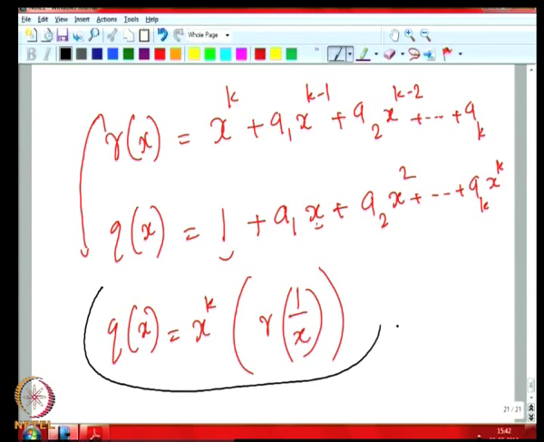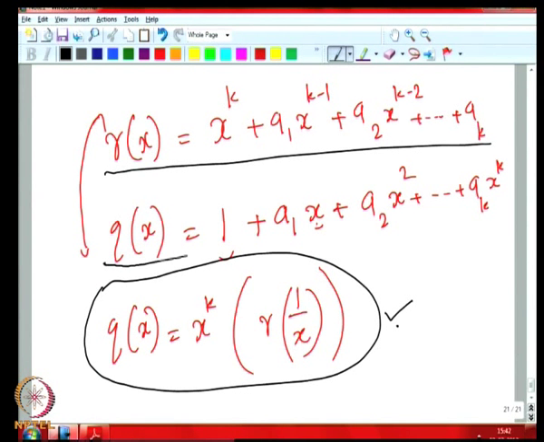This relation is easy to see once we write r of x and q of x.